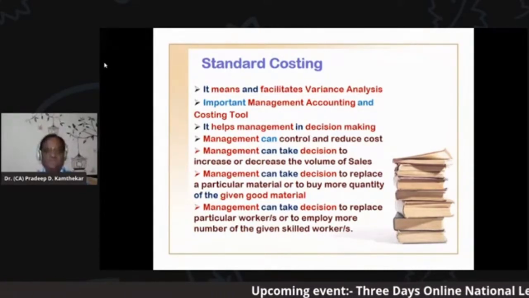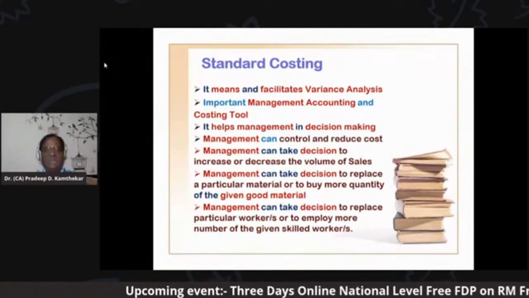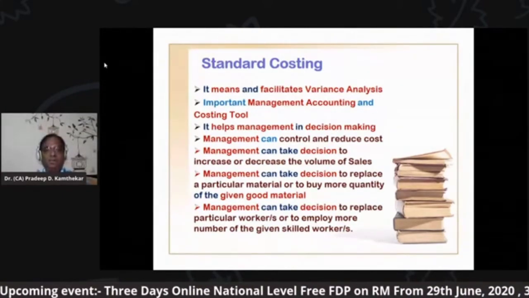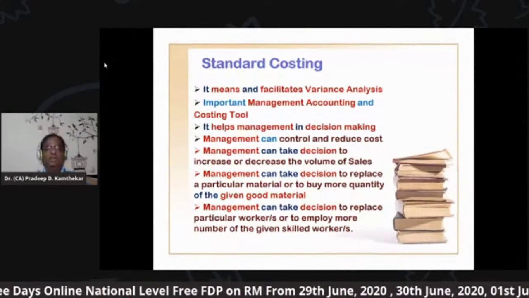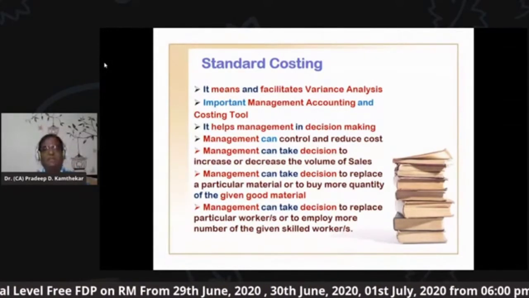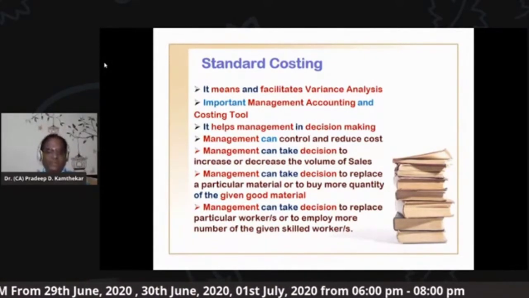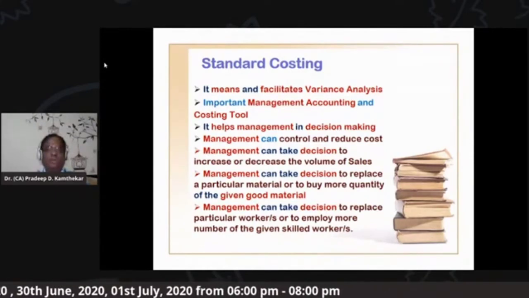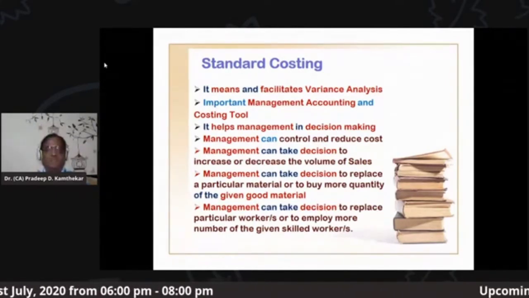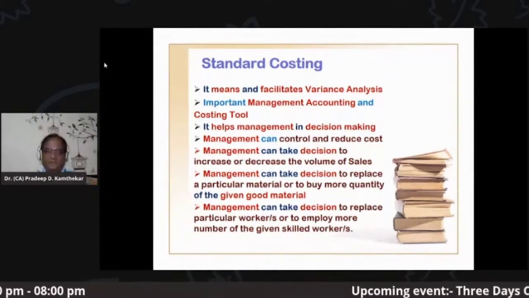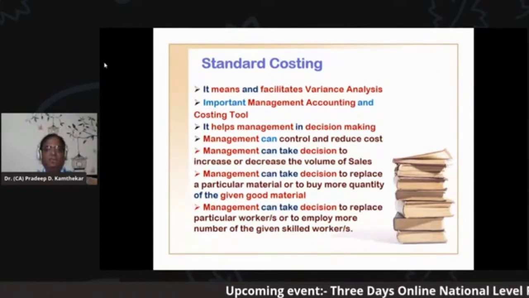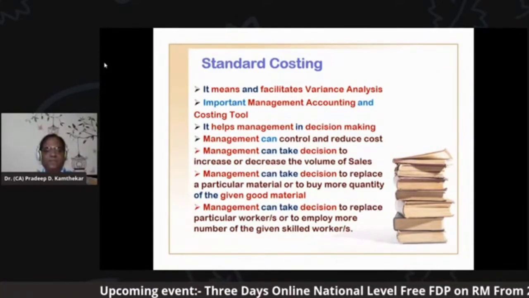On the other hand, if that really is giving a good margin and good revenue to the business, then that business could be increased. So whether to increase or decrease the sales volume and thereby revenue and profit, standard costing is again a very good tool in the hands of the management.